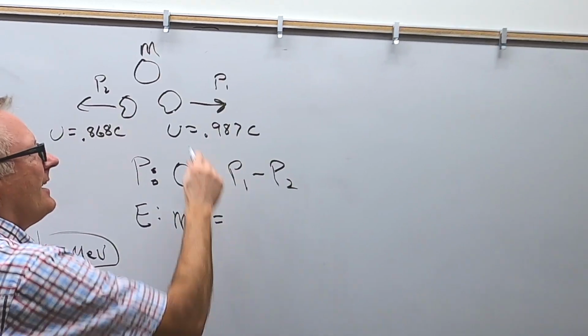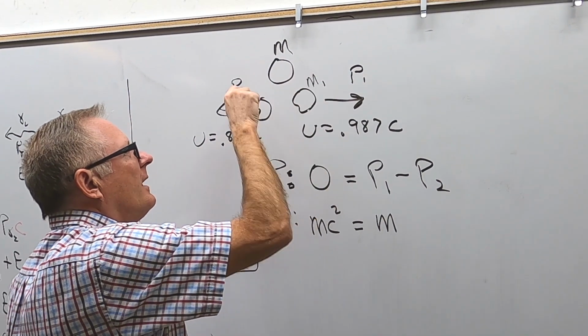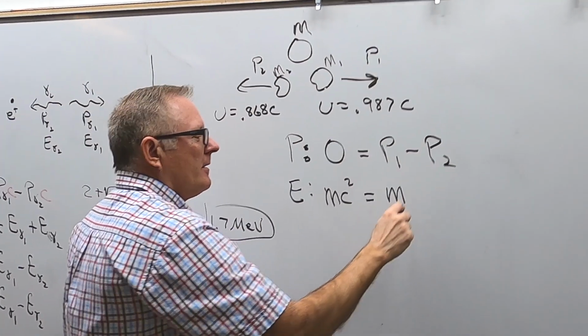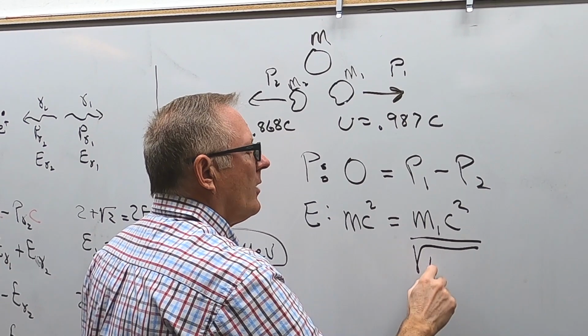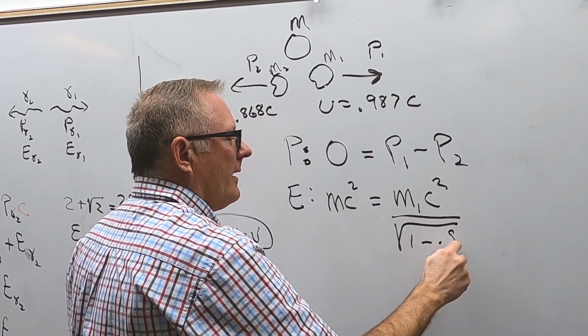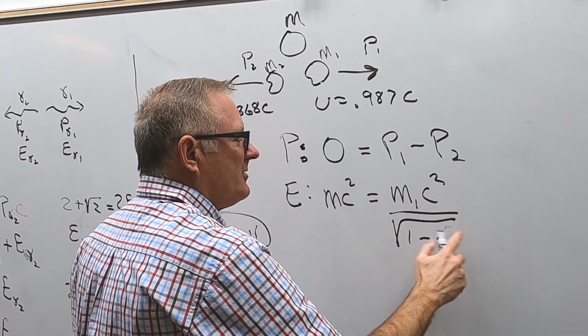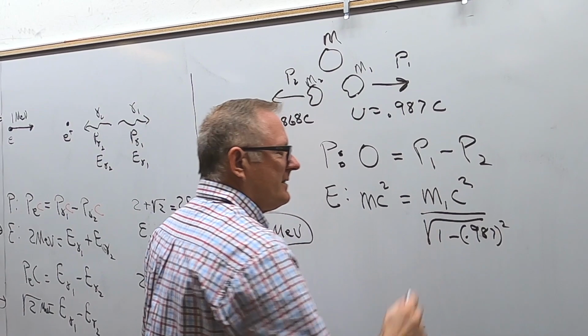So for this one, it'd be M1, that's what they want, and they want M2. It'd be M1 c squared all over the square root of 1 minus this number squared, 0.987 squared. The c squares are gone.